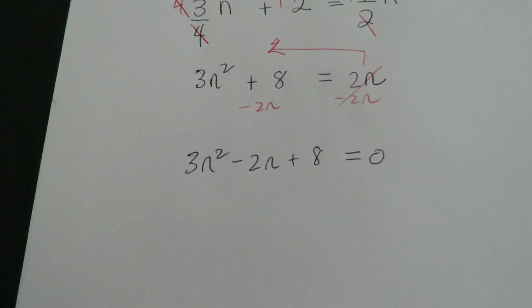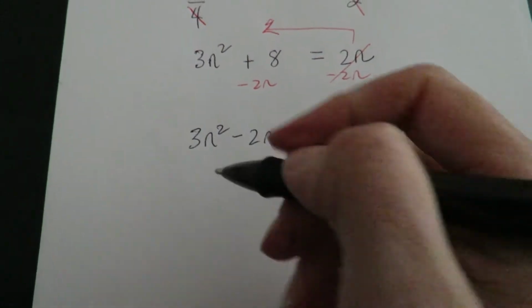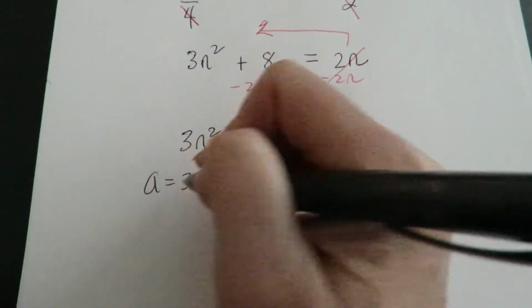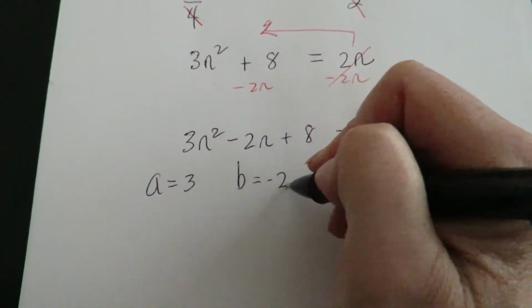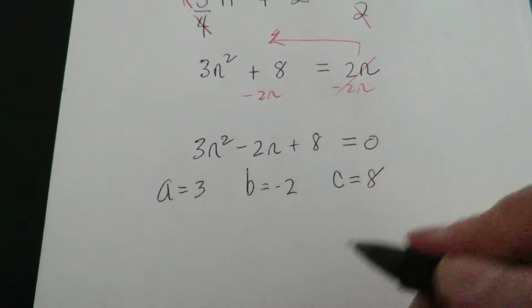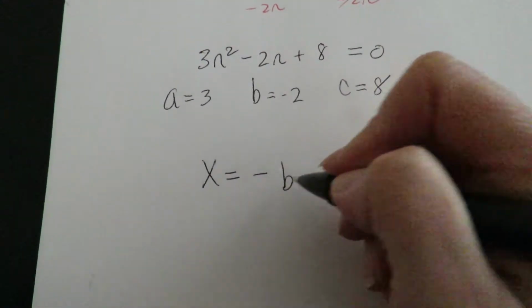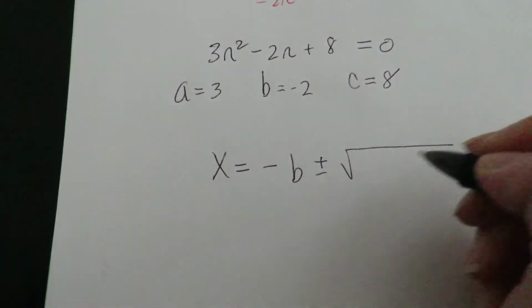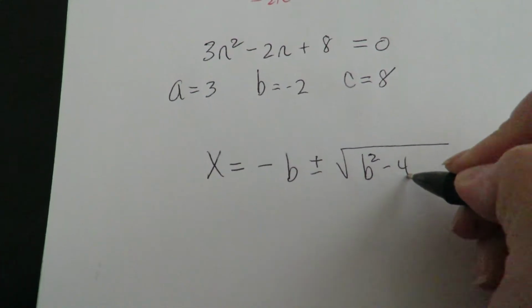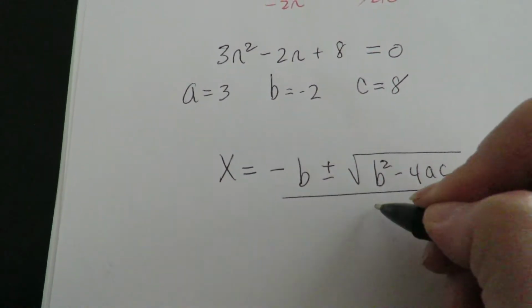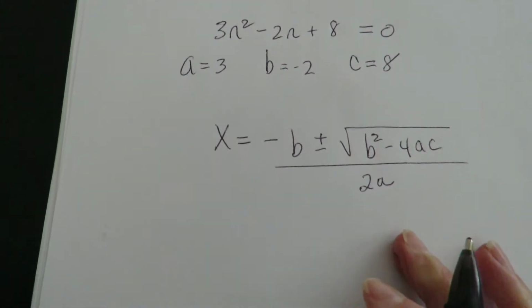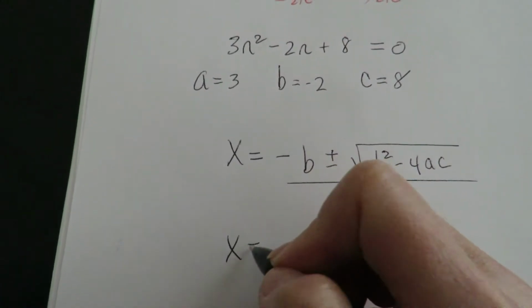And now we can go ahead and use the quadratic formula to solve this. A is 3, B is -2, C is 8. I'll plug in the values.